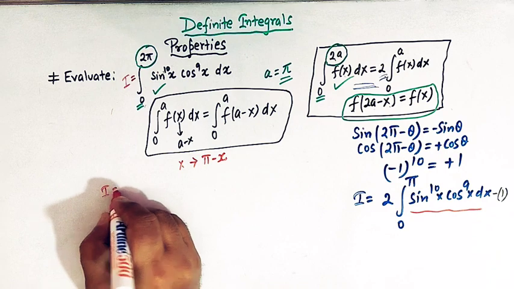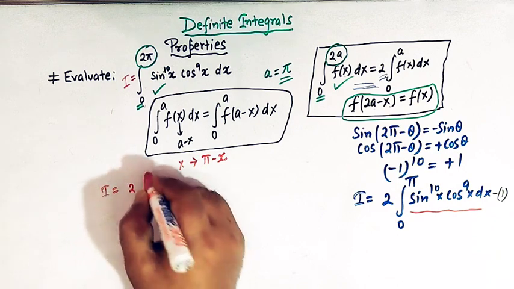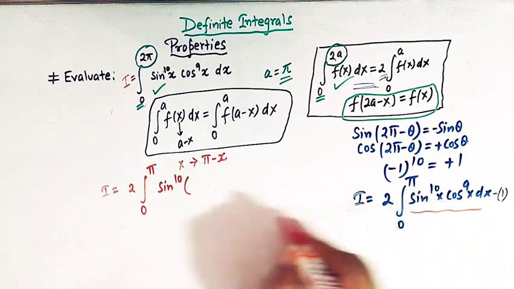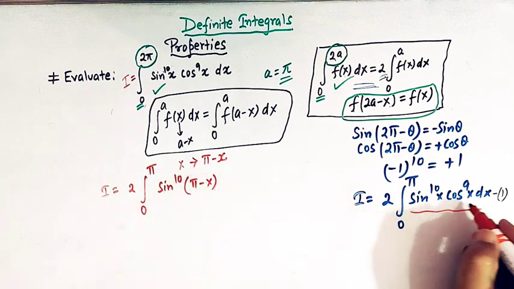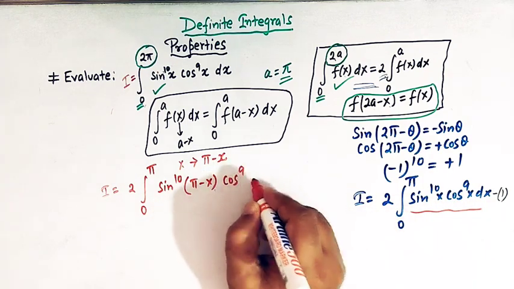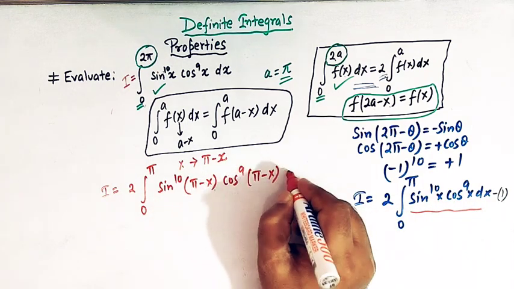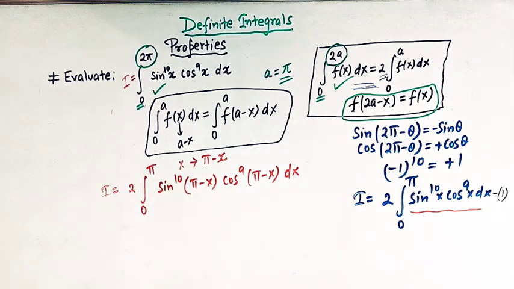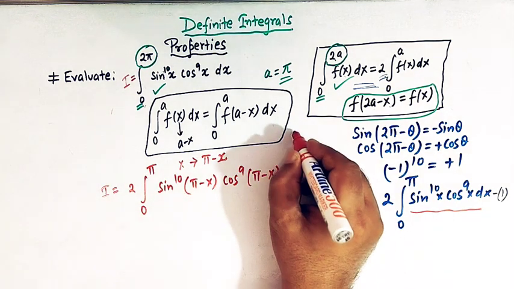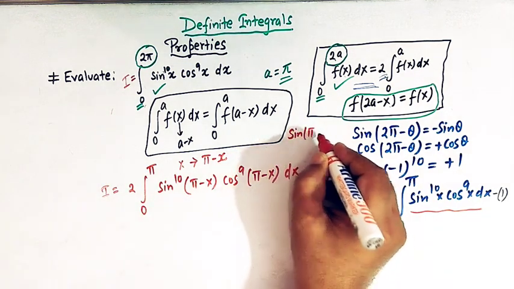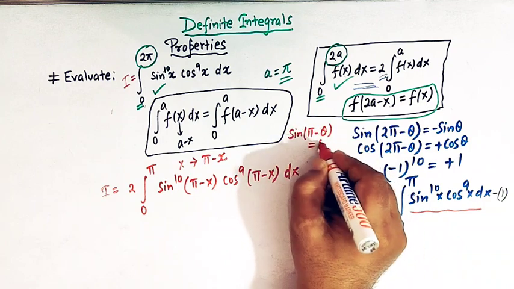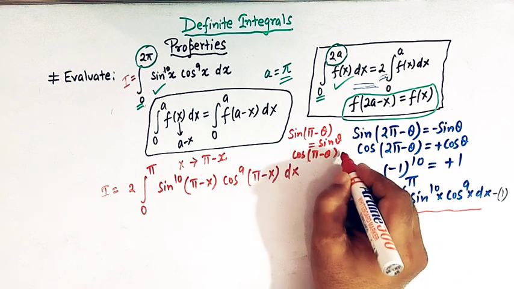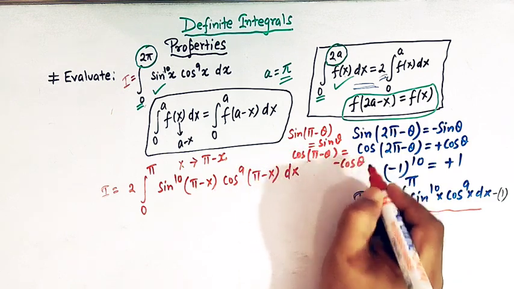So we have I equal to 2 times the integral from 0 to pi of sine raised to 10 of pi minus x, times cos raised to 9 of pi minus x dx. Now again, here comes the role of trigonometry. From trigonometry we know that sine of pi minus theta is equal to sine theta, and cos of pi minus theta is equal to minus cos theta.